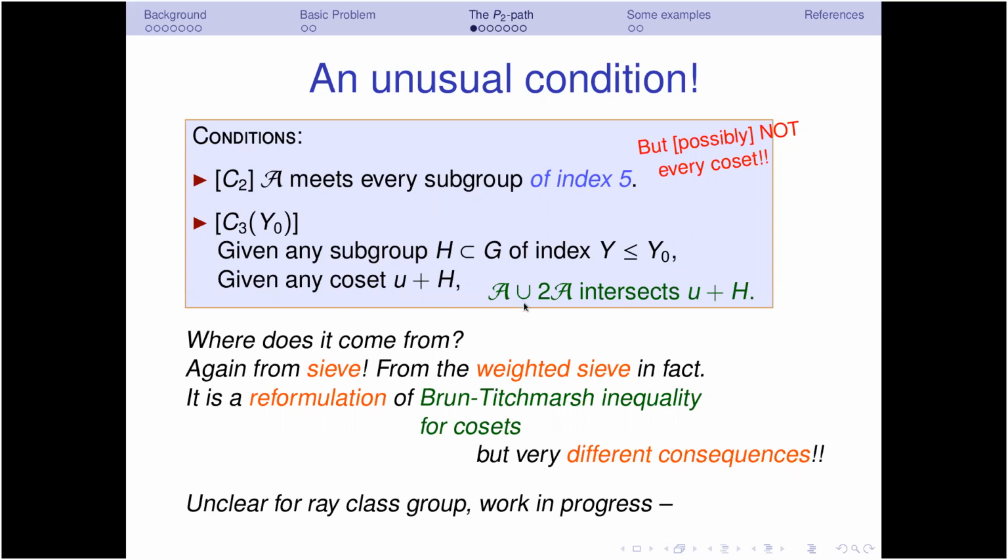The additional condition is that your set of primes or products of 2 of them covers every class, covers every coset modulo a large subgroup. That's the condition that I've written here. You have A union 2A, which intersects every coset. That's an additional condition that you can have.